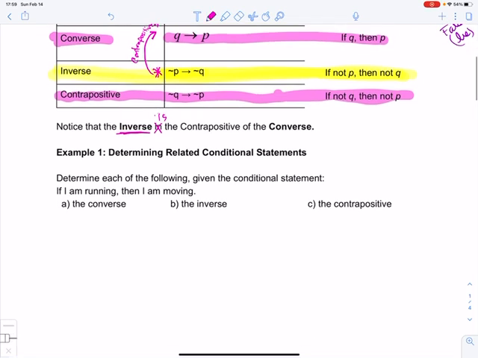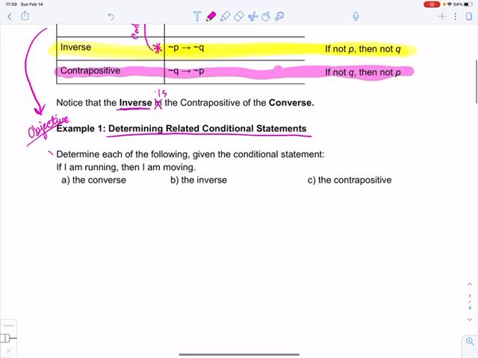One objective that you're going to be asked to do in the homework and on your tests and quizzes is you're going to take these ideas and determine related conditional statements. So, for example, if we have this statement right here, we want to determine each of the following given the conditional statement: if I am running, then I am moving.